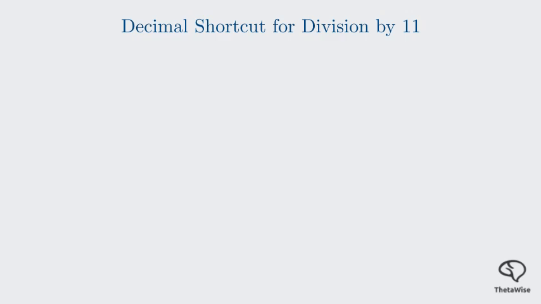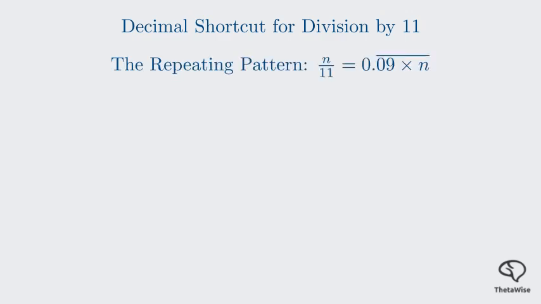For any fraction n over 11, the decimal is 0.09 times n, repeating. Or you can think of it as 0.09, 0.18, 0.27, and so on.